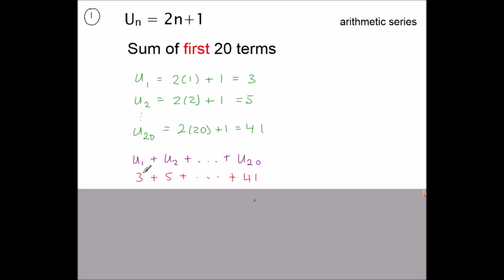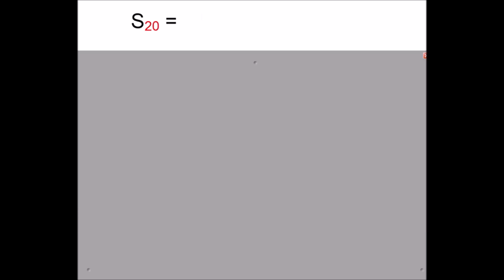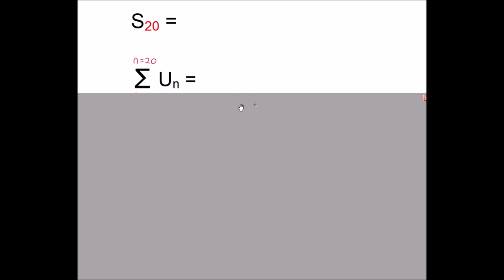The first term is 3, so a equals 3, and the common difference is 2, and we have 20 terms, n equals 20. So the sum of the first 20 terms can be written like this, or alternatively we can use sigma notation.